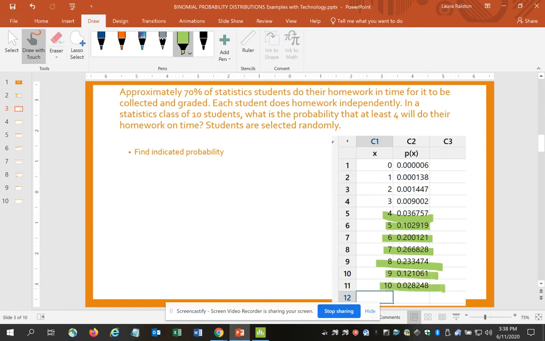So we need to add together, and I'm going to write it out for you so that there's no question about what it is we're doing.